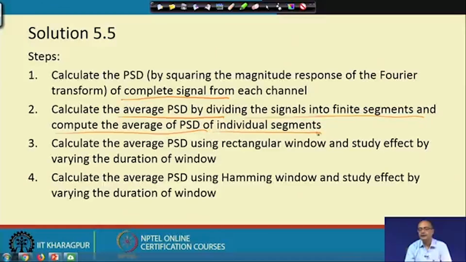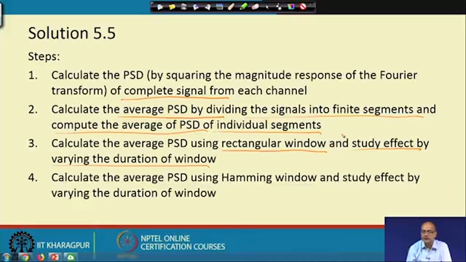Okay. And here we have taken these segments as non-overlapping. For the average PSD, we use the rectangular window and study the effect of varying the duration of the window, which will automatically change the number of segments, because the total signal length is fixed.